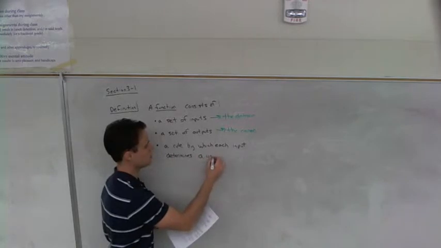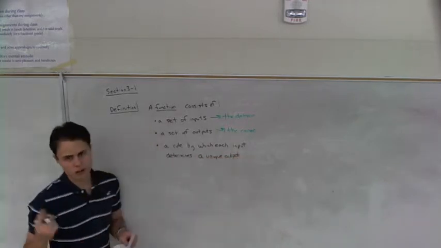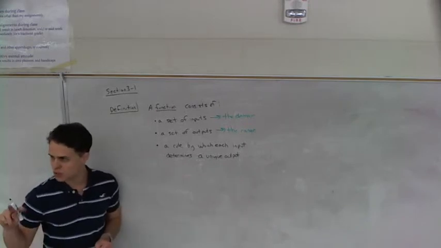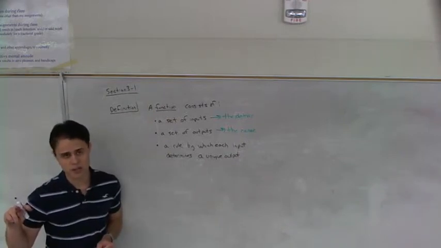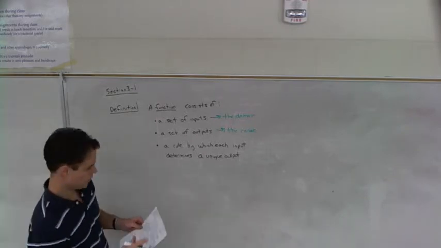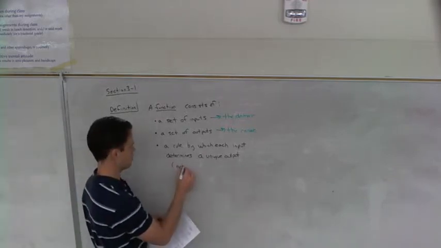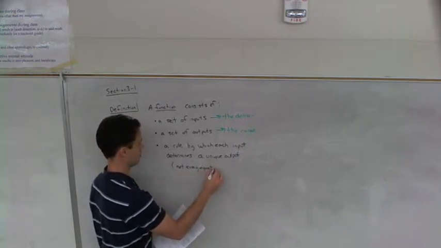So it's a unique output. If you put one thing into a function and two things come out, it's not a function. Some equations do that, but they're not functions. So you can't apply anything you know about functions to them. So let's write that real fast. Not every equation is a function.